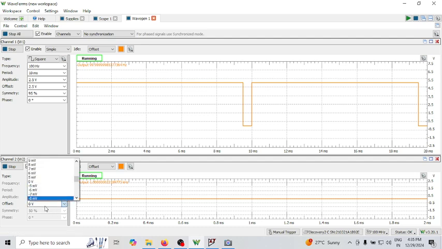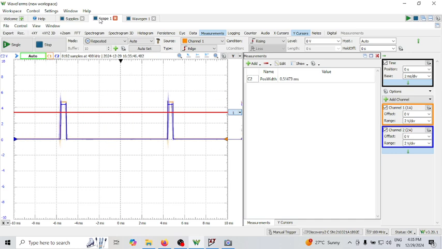This should be 4. Okay, let me make it 4 volts. Why is it not? Okay, now this is fine. Let me check out what has happened. Something has happened. Let me check.